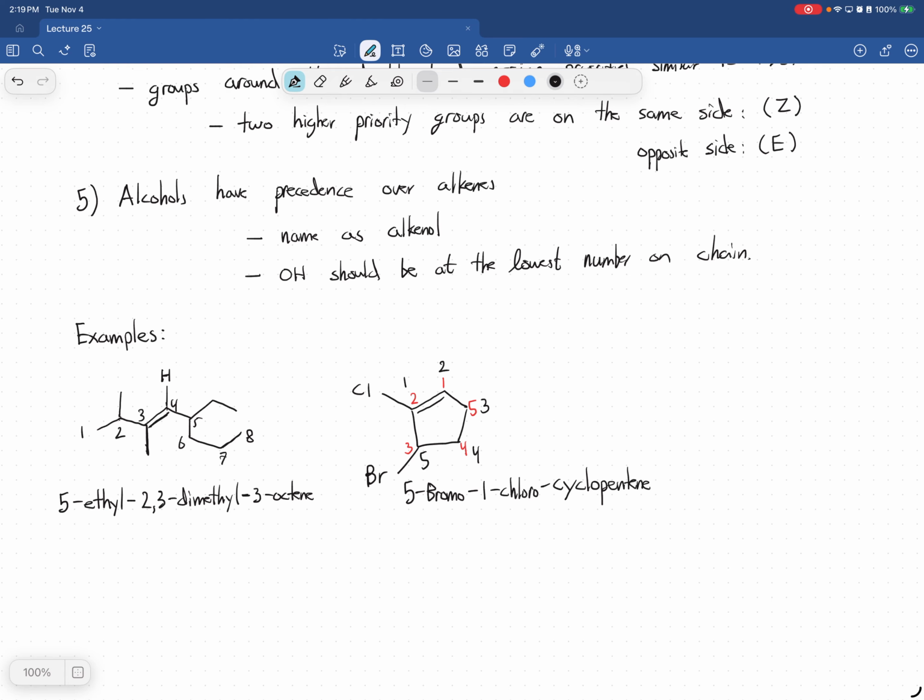So that's better than saying 1, 2, or 1, 2, and 3, which, you know, it might not make sense in terms of the lower substitution standpoint, but in this case, we want the alkene to have the lower number and also a substituent with the lower number, so that would win out.